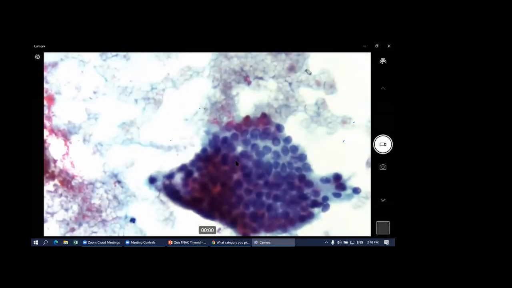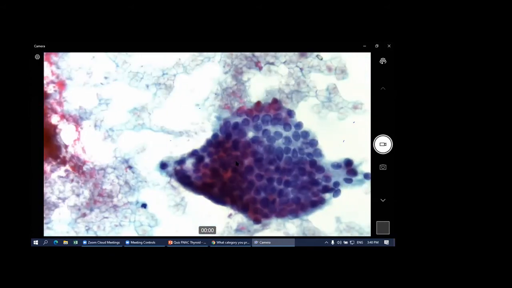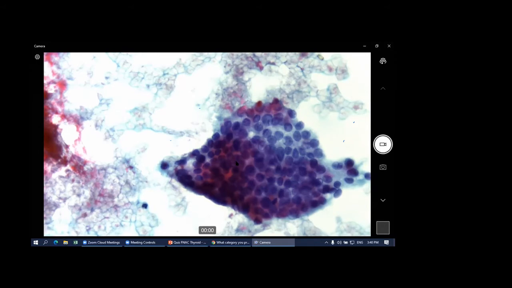Okay, so cellularity wise is not that great, but this is among other cellular areas. Can you see that? Yes, we can see it quite clearly. You can see that the cell has a lot of the nuclear features that make you think that this is something neoplastic, kan?